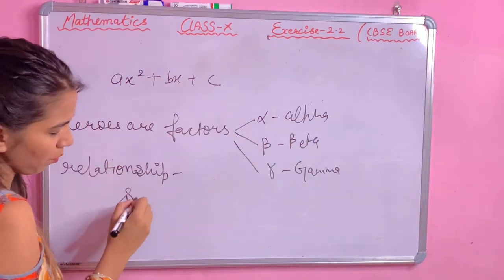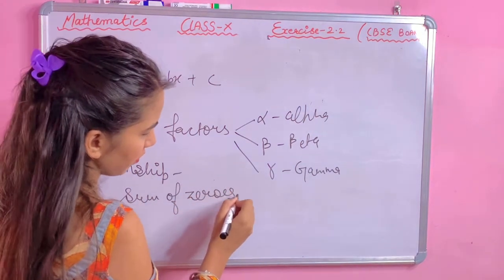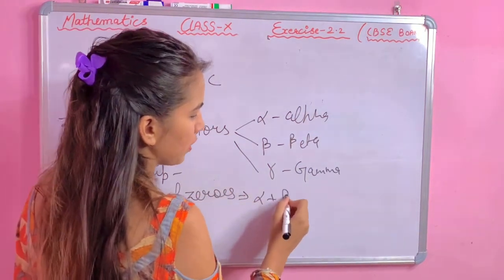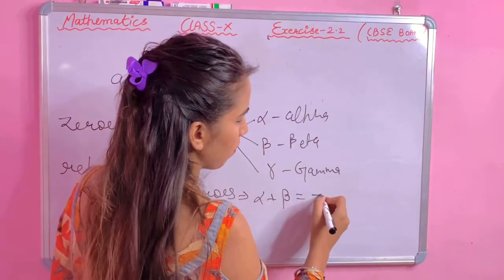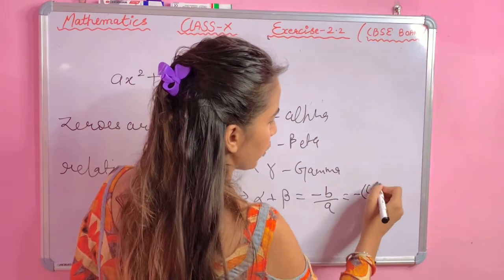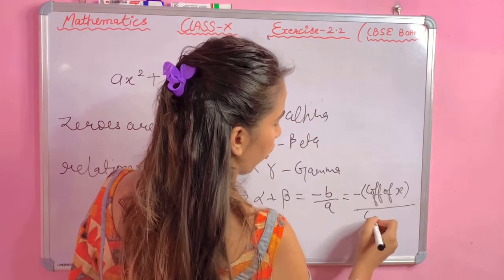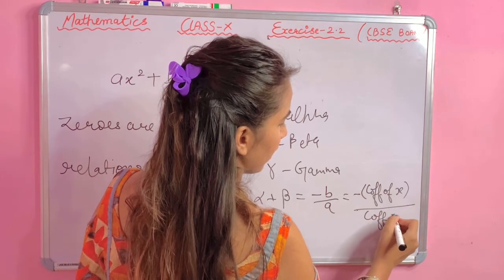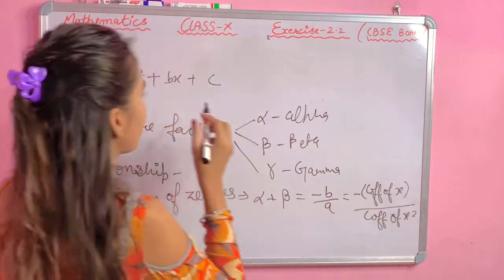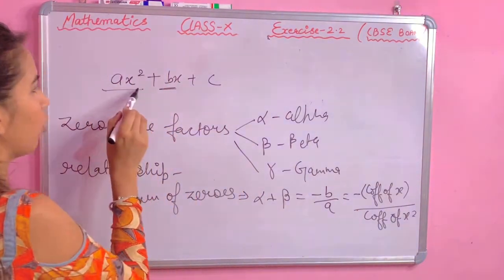The sum of zeros, alpha plus beta, is always equal to minus b upon a, where b is the coefficient of x and a is the coefficient of x square. You can see here b is the coefficient of x and a is the coefficient of x square.